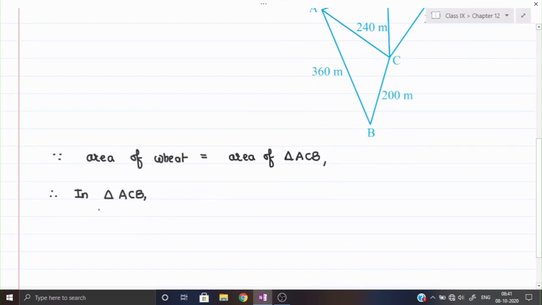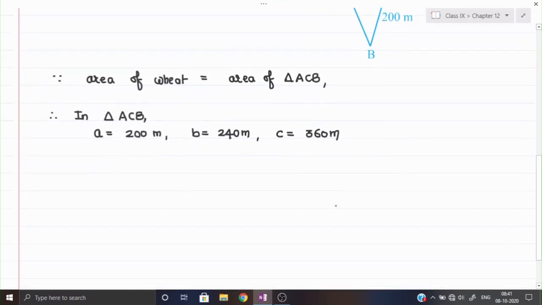A will be equal to 200 meter. One value is 200 meter. Second value is 240 meter. And the third value is 360 meter. Let us simplify this first of all.